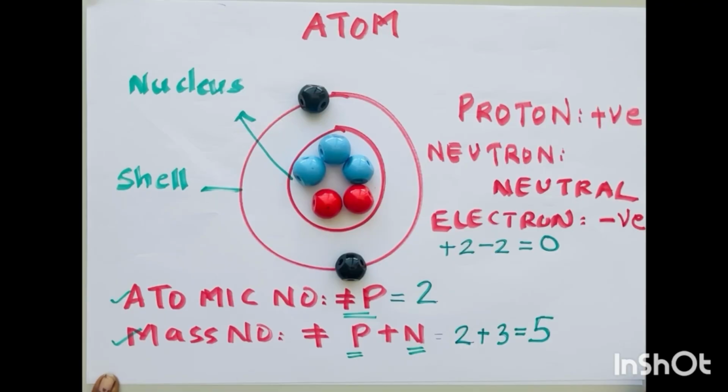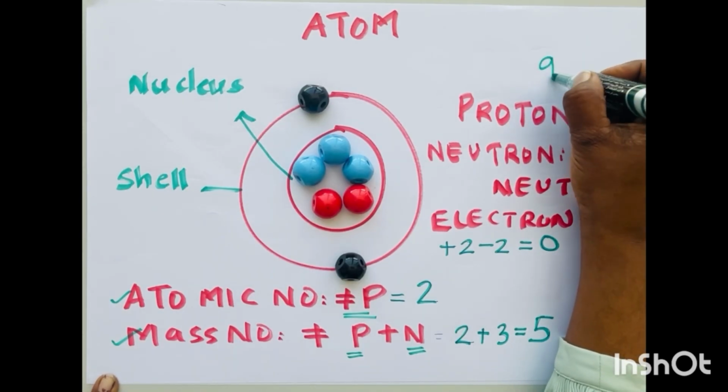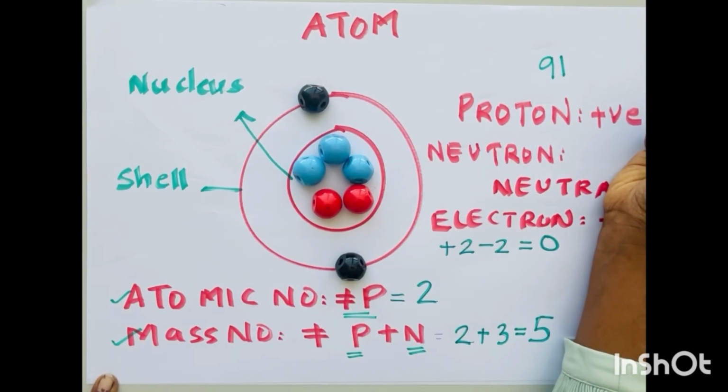So atoms are the basic unit of everything around us. In the periodic table, you can see 91 types of naturally occurring atoms, which we normally call oxygen, hydrogen, nitrogen, gold, silver.